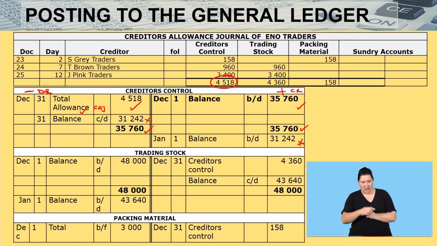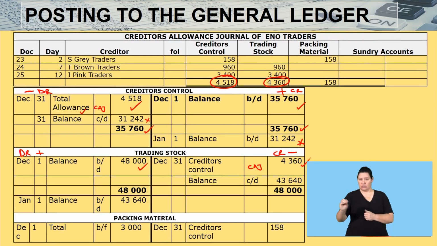Already you know trading stock is an asset. You're correct. That means it increases on the debit, so you have a plus here, and on the credit, you're going to have a minus. So you start off with a balance, which is 48,000. And then you are now going to come and say creditors control. So we know this is from the CAJ. Then we're going to take the trading stock amount, which is 4,360.